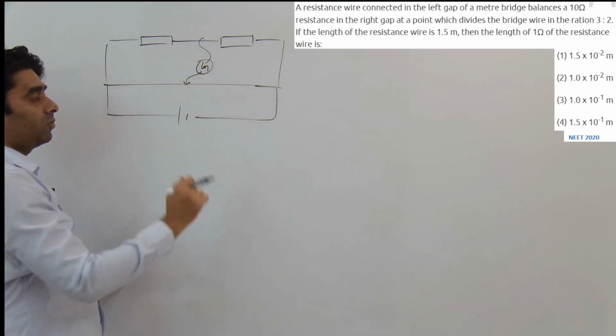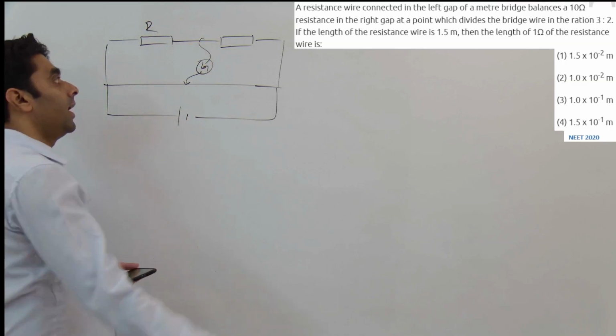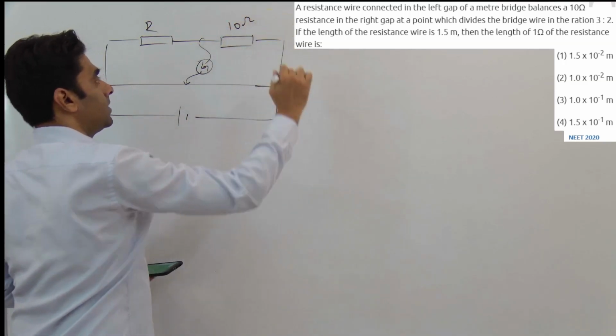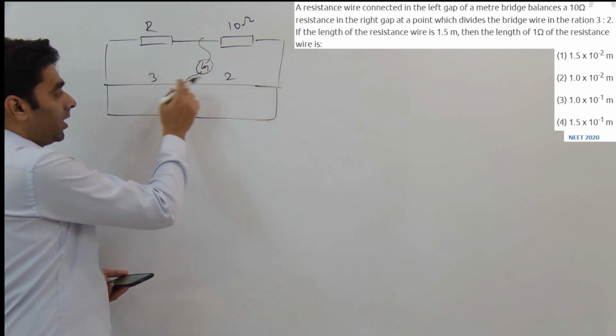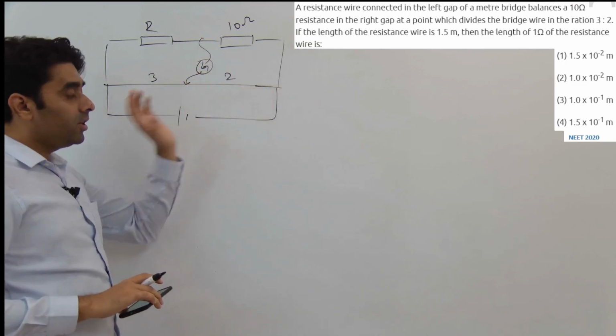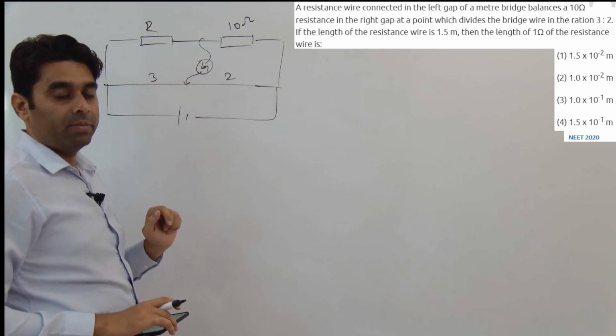In the left box we use a resistance wire, call it R, and the right box has 10 ohm, with the null point dividing the length in the ratio of 3:2.